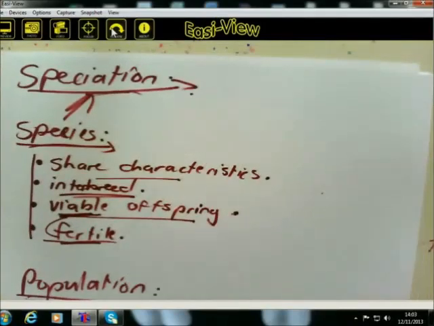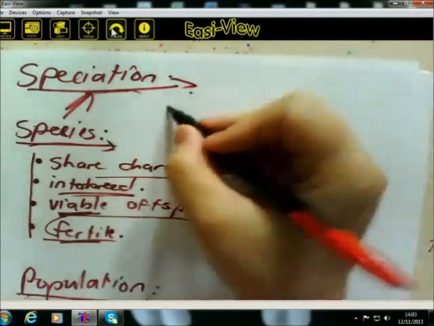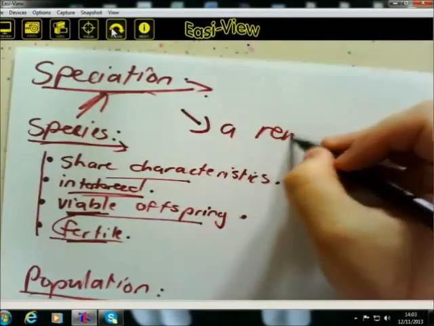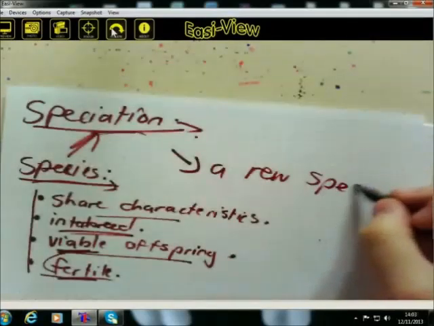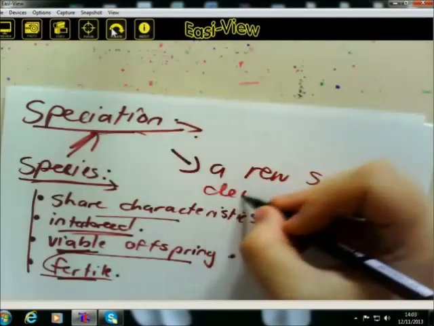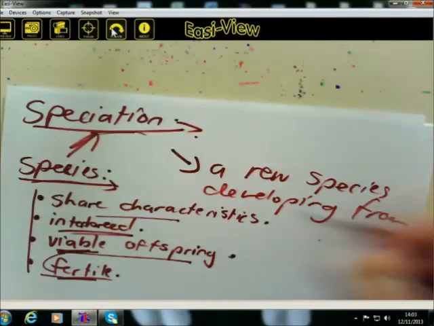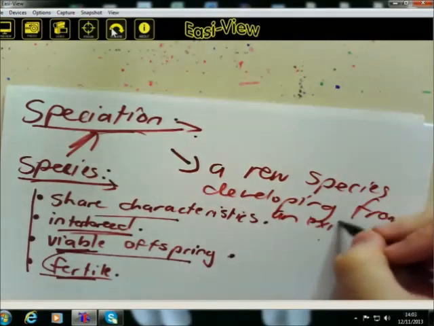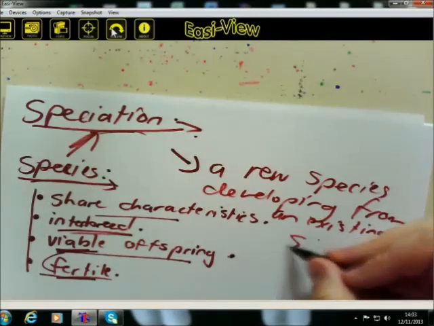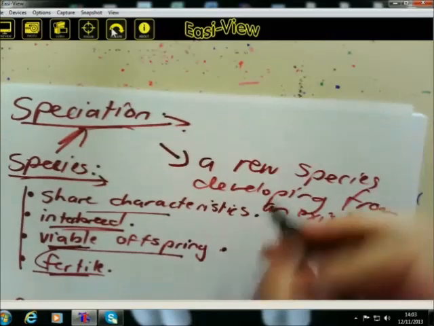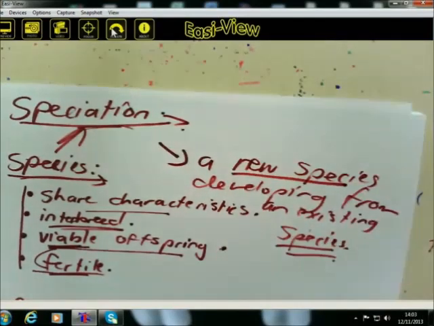But with that being done, speciation is when we have a new species developing from an existing one. Okay, so we have a new species that is going to develop from an existing species.